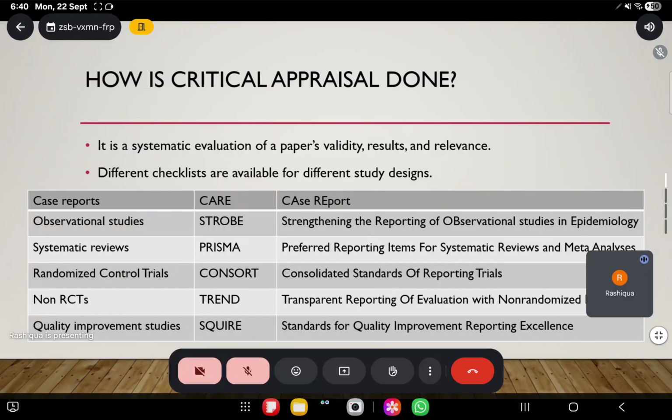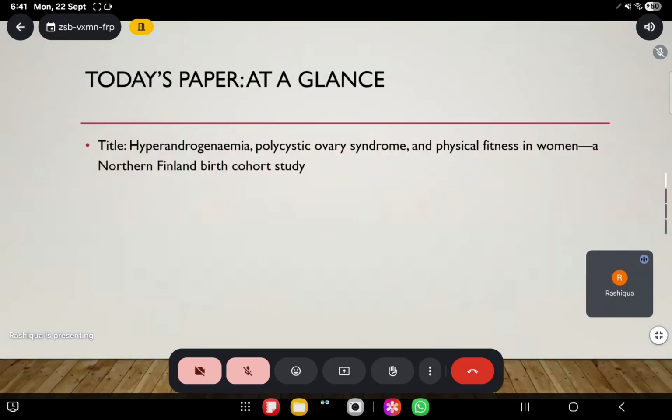For systematic reviews, we have PRISMA, which stands for Preferred Reporting Items for Systematic Reviews and Meta-Analyses. For randomized controlled trials, we have CONSORT. For non-randomized trials, we have TREND. And for quality improvement studies, we have a separate checklist. So using these checklists, we finally understand the validity of the study, reliability of results, and its relevancy to practice.